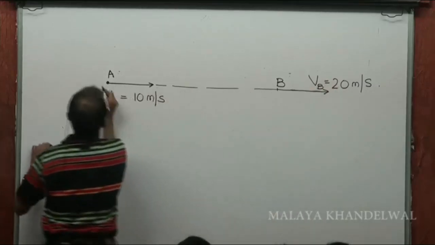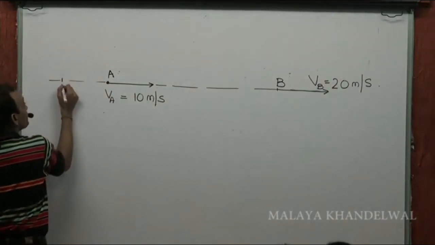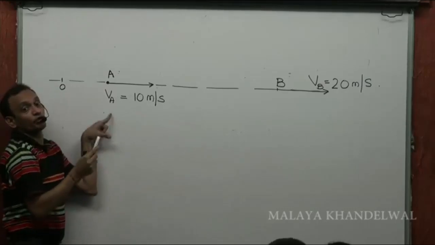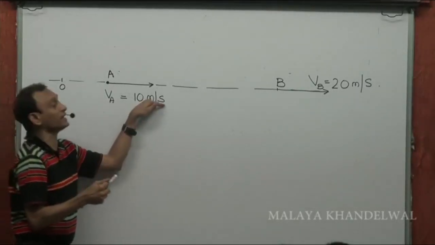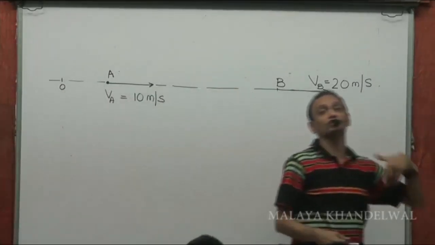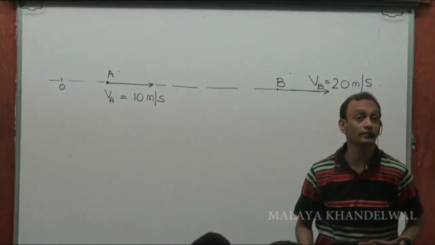There is a fixed observer here, and this observer would report on A a velocity of 10 meters per second to the right, and on B a velocity of 20 meters per second to the right, right?